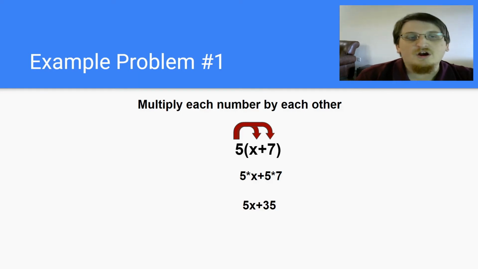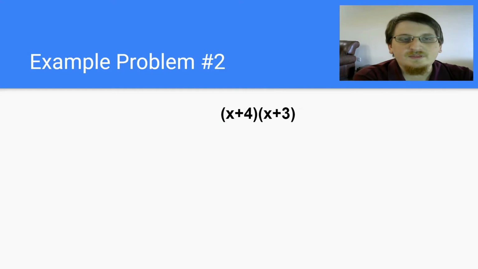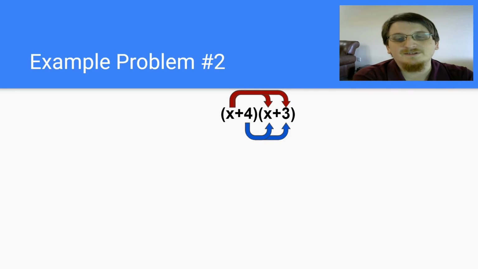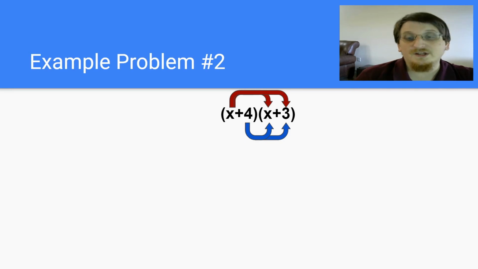So our problem is x plus 4 times x plus 3. This will be one of the most common problems that you'll be solving. Here the arrows are the most important because they allow us to keep track of all of our terms. We will be multiplying each term in a parentheses by each term in another.